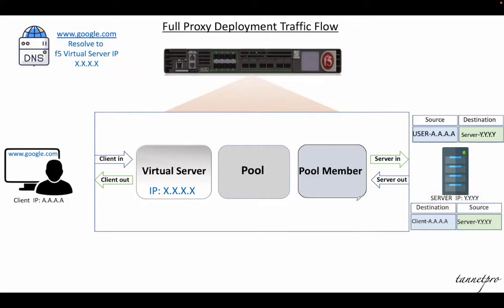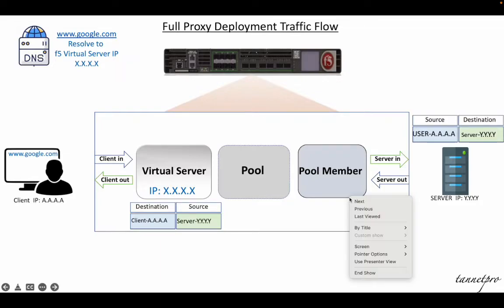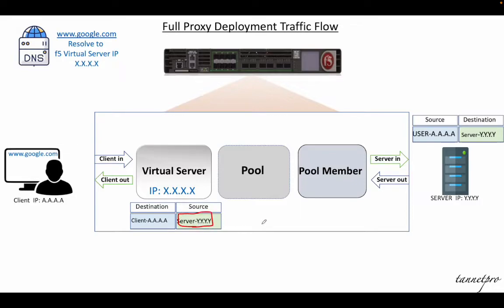Yeah. Now what will happen? Your server will respond to the request. It will send to the virtual server. Now source is YYY, right? Now your virtual server, just think about this part. Your source is YYY.